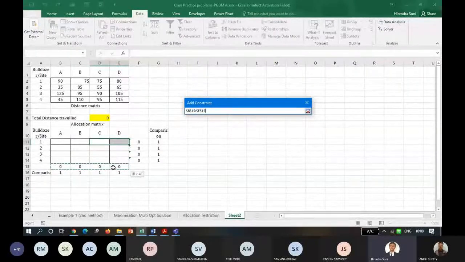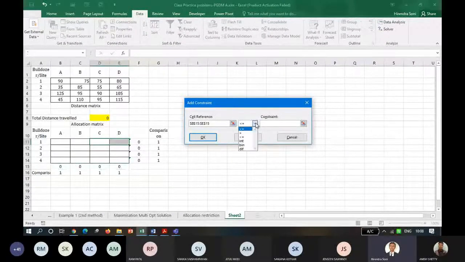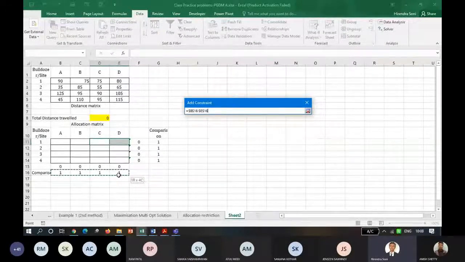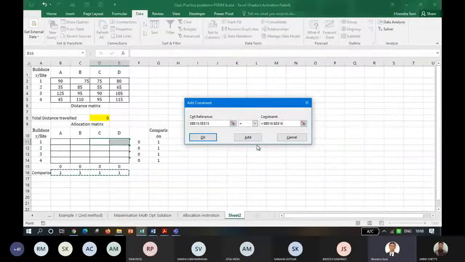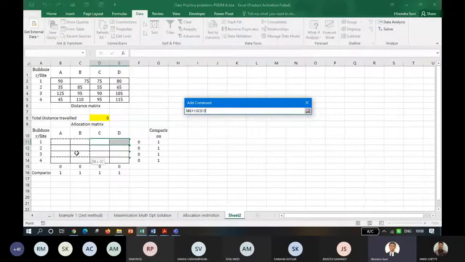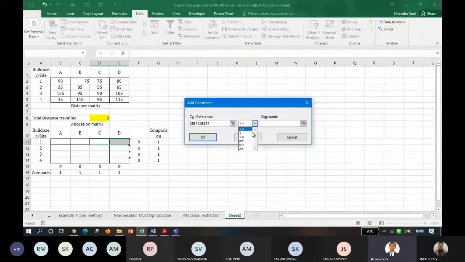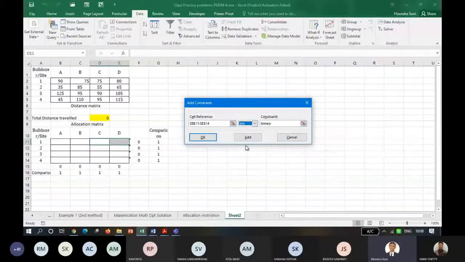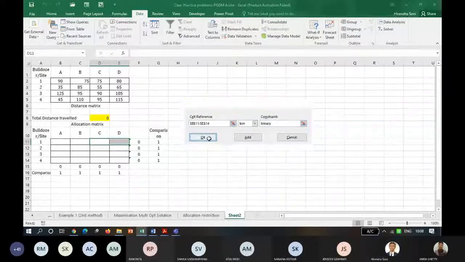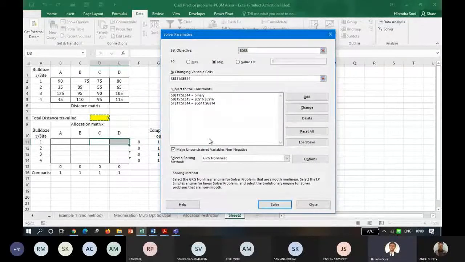These values should be equal to these values. Add. The third constraint is the values in these cells should be binary. Binary means either 1 or 0. Once we have added all the 3 constraints, just click on OK. Is everybody along with me?